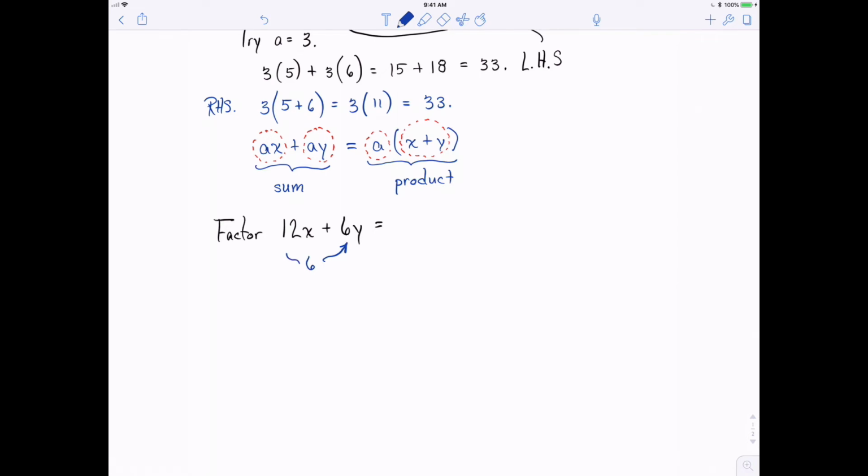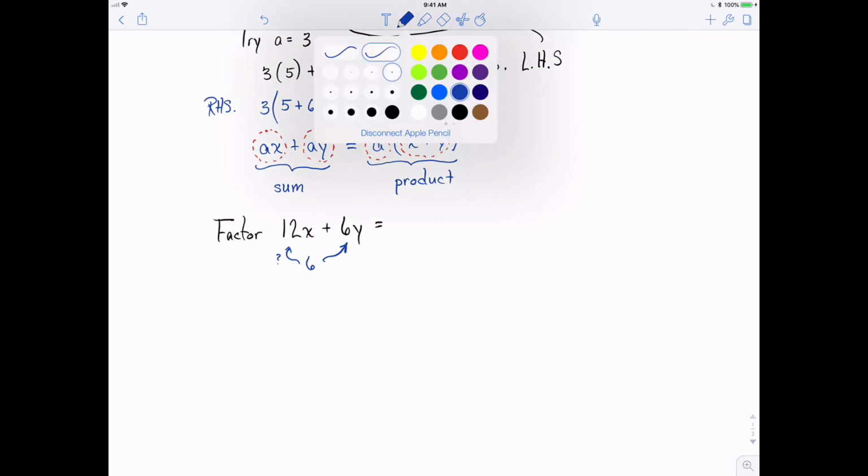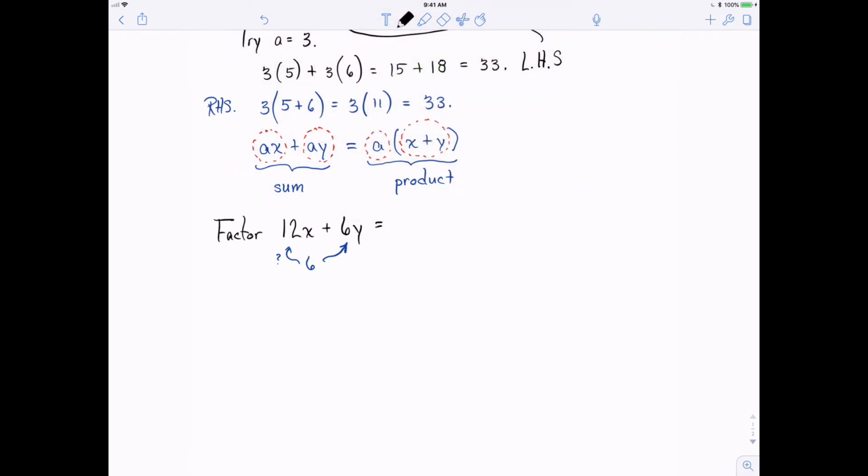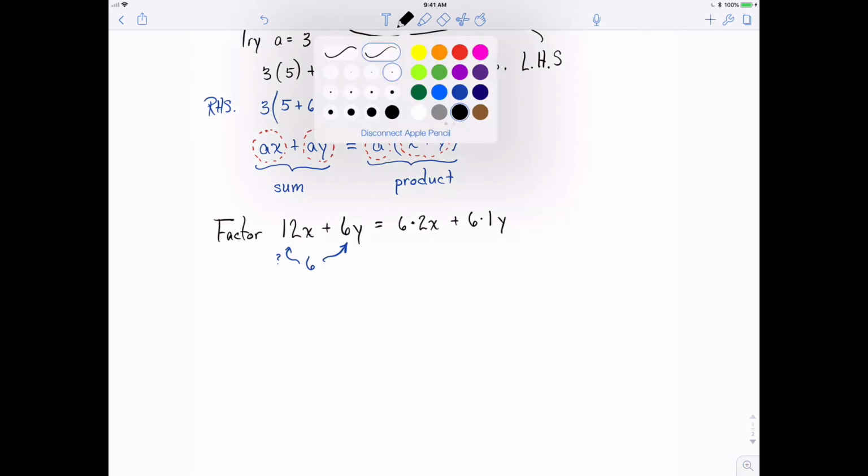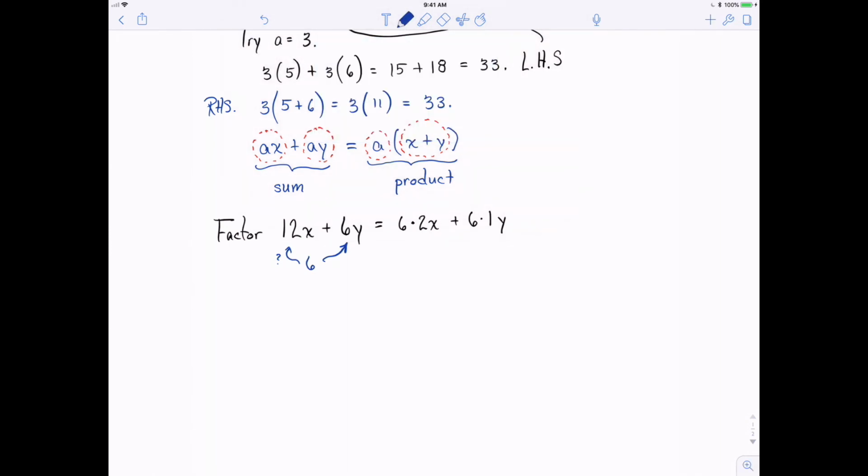If you think in terms of multiplication, is there a 6 in the 12? Well, the answer is this. If you write 12x as 6 times 2x plus, and the 6 is also the same as 6 times 1y, then now what we've done is we have made 6 the greatest common factor because it's here and it's there.